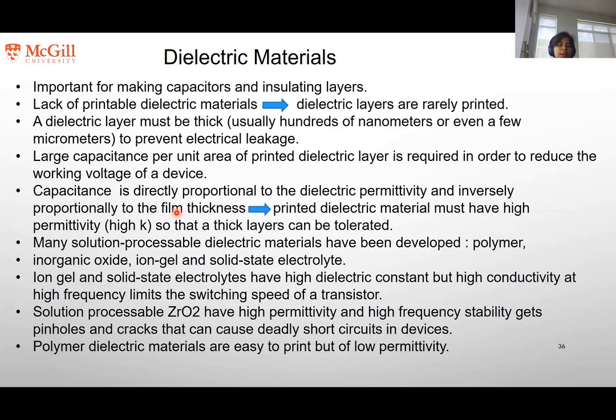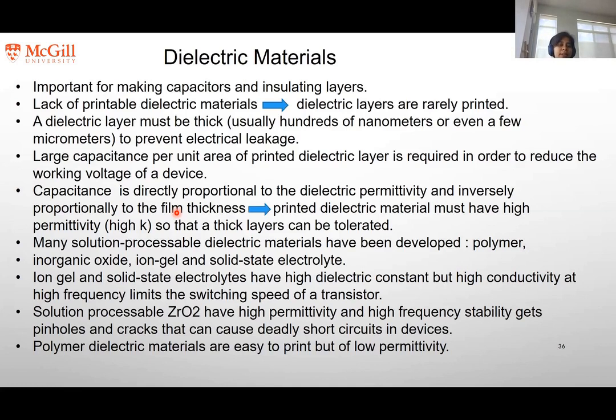So how do we get around it? The way to get around it is making it thick, but at the same time having a high dielectric constant in the dielectric material, so that even with a thick layer, we can still have a high capacitance.